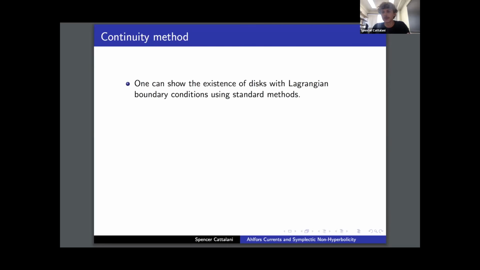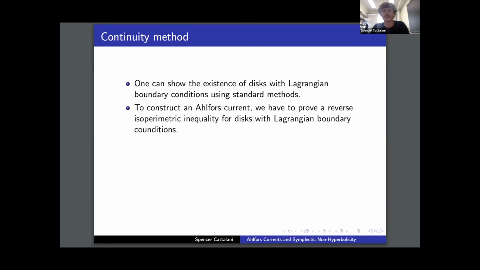The additional ingredient you need to get an Ahlfors current are these reverse isoperimetric inequalities, like I mentioned. And reverse isoperimetric inequalities for disks with Lagrangian boundary have been studied by Groman and Solomon in 2014 and Julien Duval in 2016. The novel point is they don't so much care about what the constant is, but that's the key point for me.